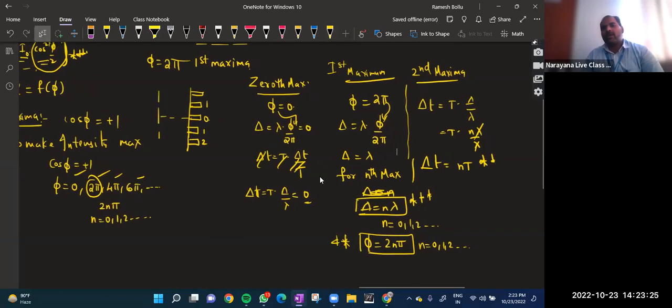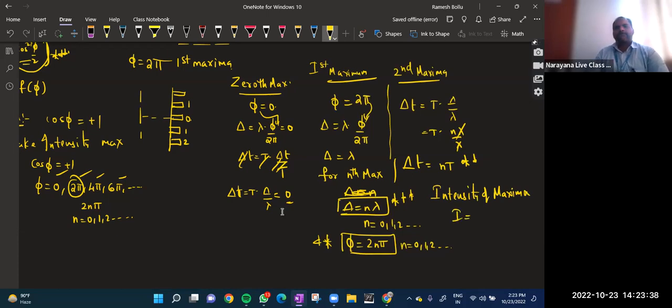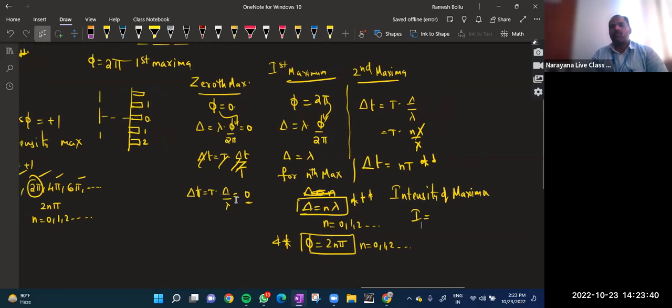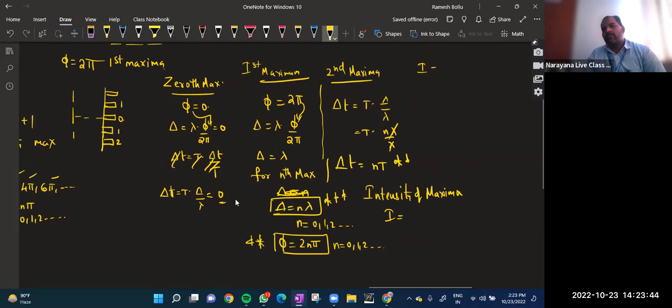What is the intensity of the maximum formula? What is the intensity of maxima? If two sources are not identical, what is the formula for I? Very good. I1 plus I2 plus 2 under root of I1 I2 cosine pi value.